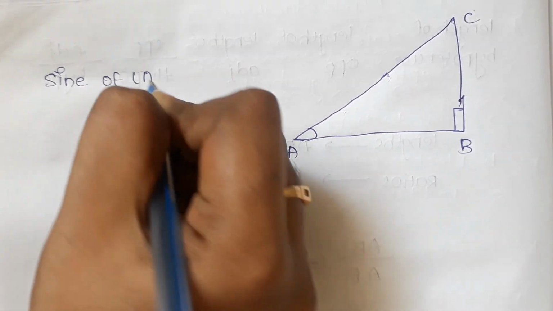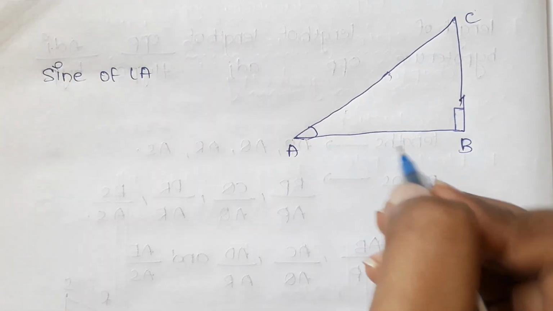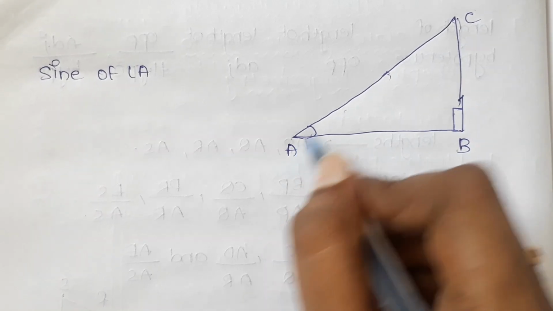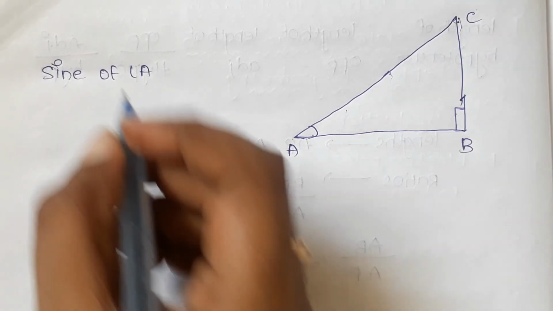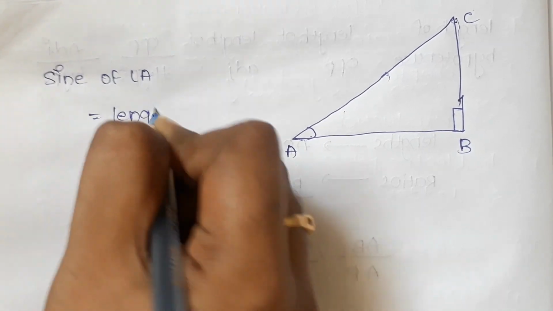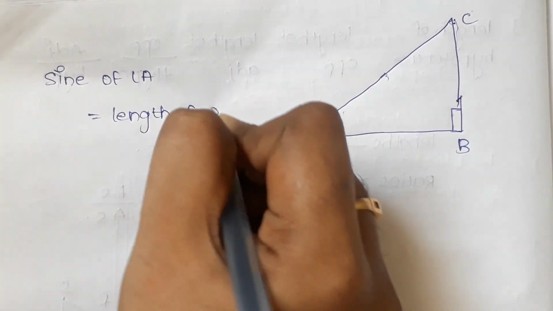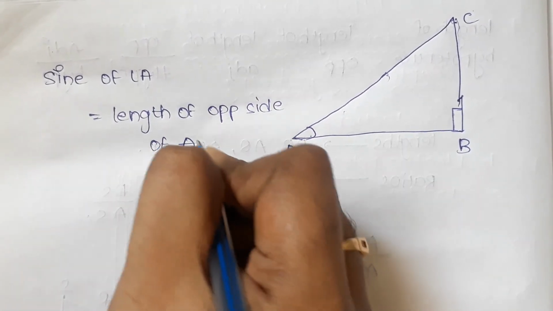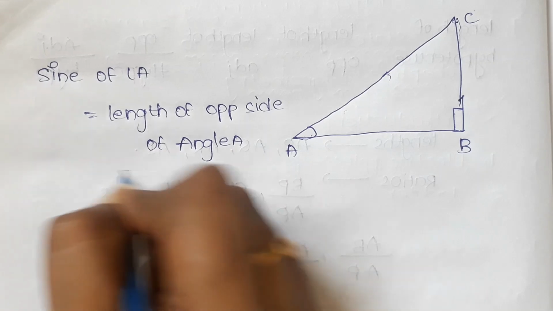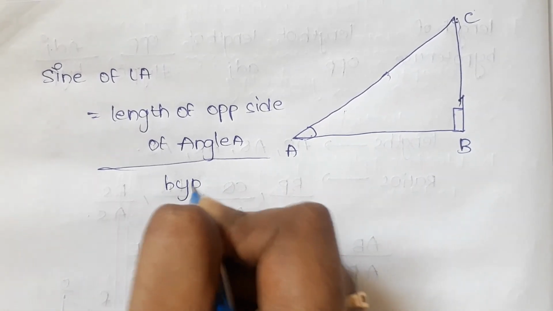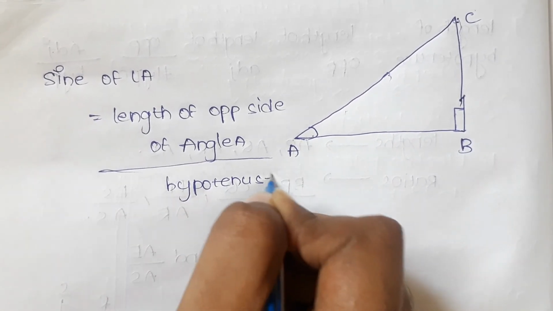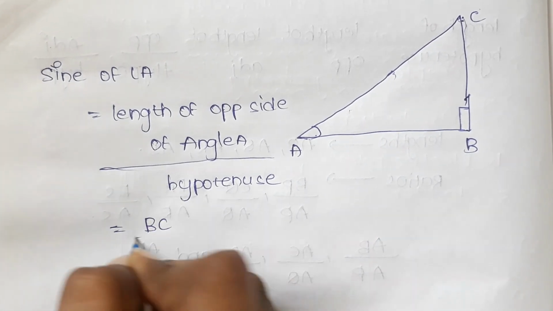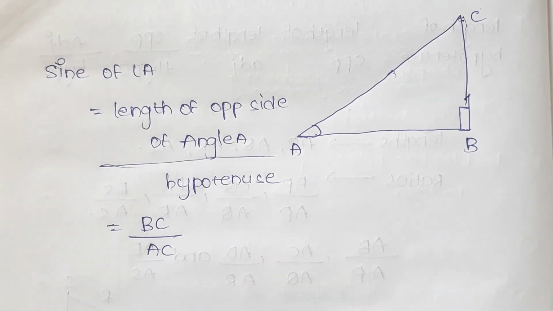Sine of angle A is nothing but the length of the opposite side by the hypotenuse, that equals the length of the opposite side of angle A by the hypotenuse. That is BC by AC.